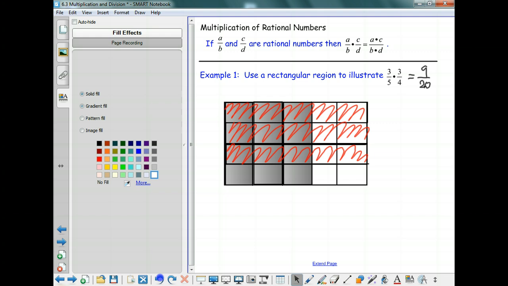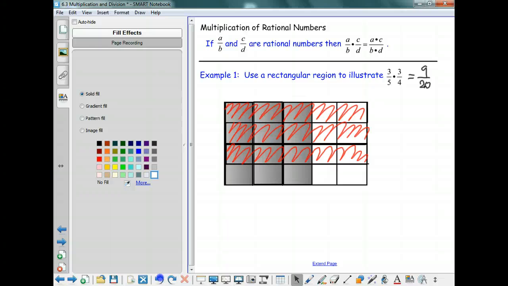Okay, so all right, so the question is, what part of that picture is double shaded? 9 of them, right? 9 pieces. How many pieces total? 20. Okay. So 9/20 of this gets double shaded.